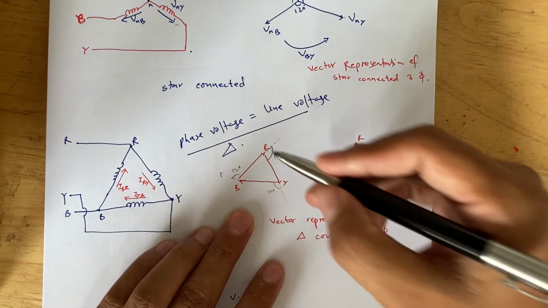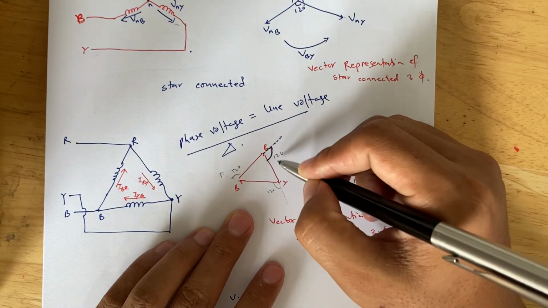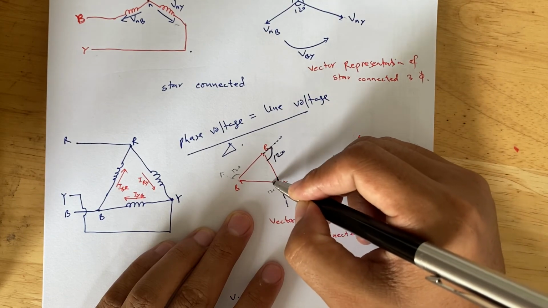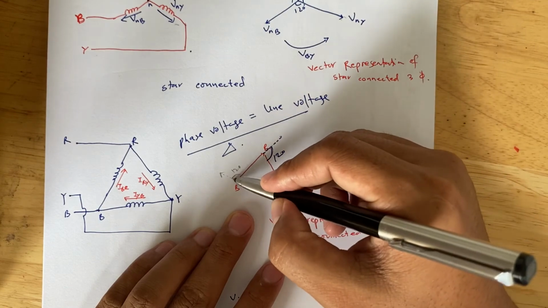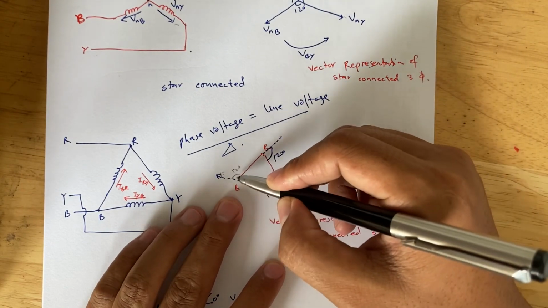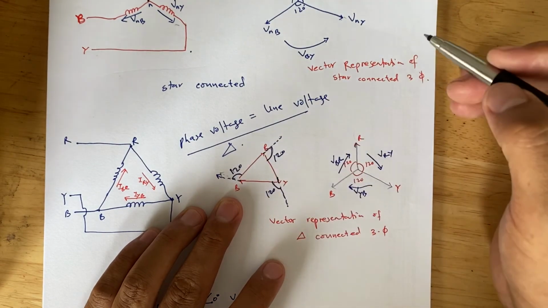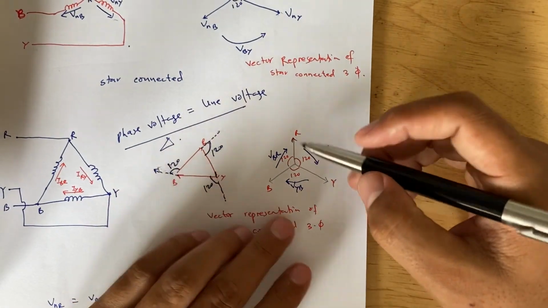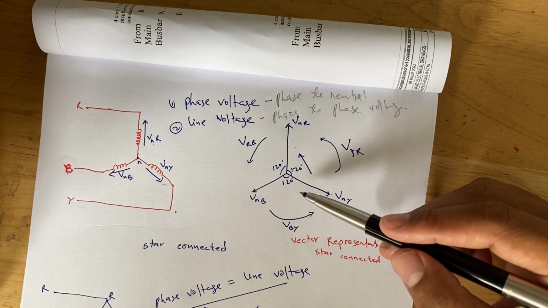If we extend this line and measure the angle between R and Y, you will find it is 120 degrees. Similarly, if you extend R and measure the angle between Y and R, you will find 120 degrees. And similarly, if you extend the B phase and measure the angle between B and R, you will find 120 degrees, which is the same as what we are writing here.